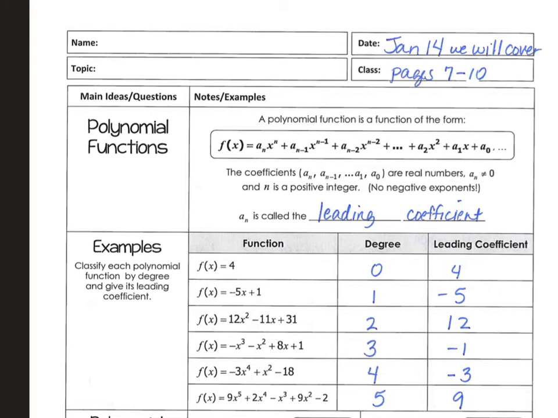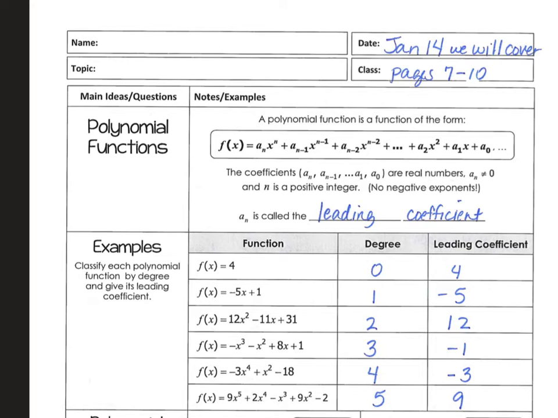So, polynomial functions. The definition on this page is really technically mathematical. They talk about a polynomial function in the form a_n x^n, etc., and it's really long and complicated. It says the coefficients are real numbers, a_n cannot be 0, and n is a positive integer.